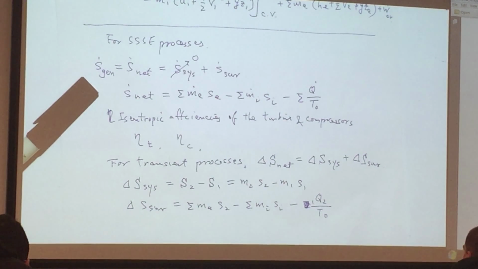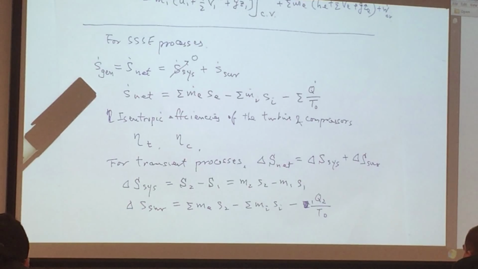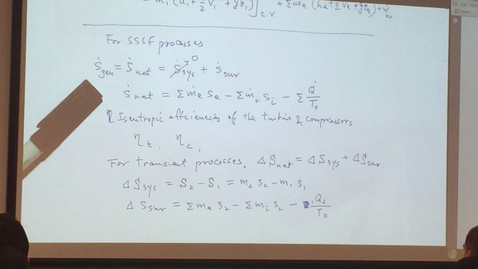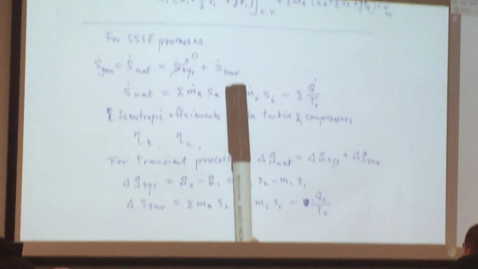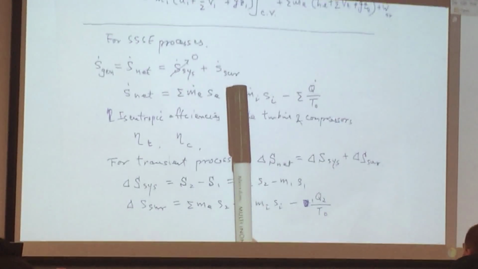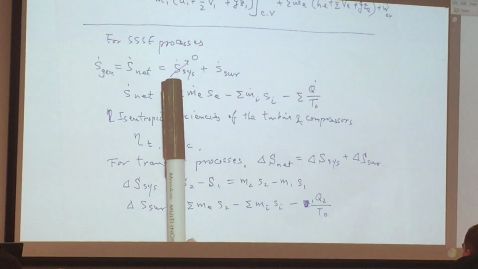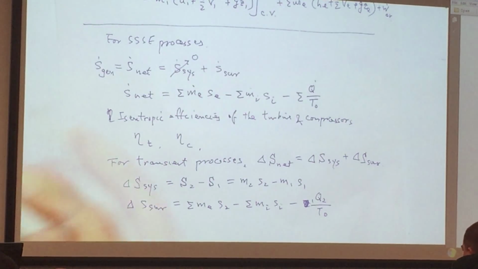The total entropy change, or the rate of entropy generation in the steady flow process, is equal to the rate of system entropy change, because it is an open system, plus the rate of entropy change in the surrounding. And this is for steady flow.